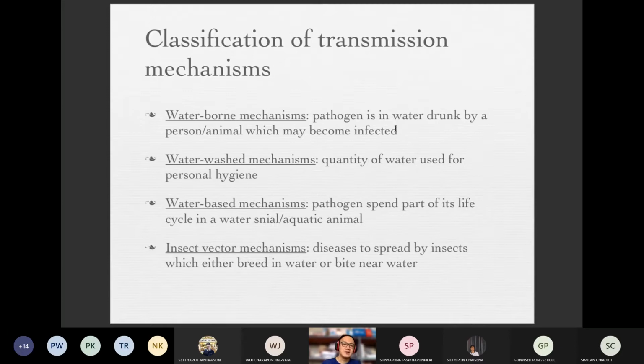The second mechanism is the water wash mechanism. Water wash mechanism is when we don't have sufficient quantity of water for personal hygiene.